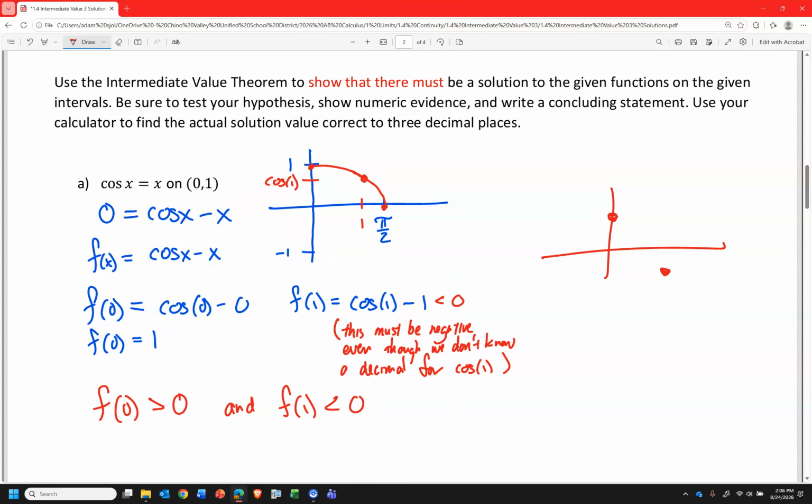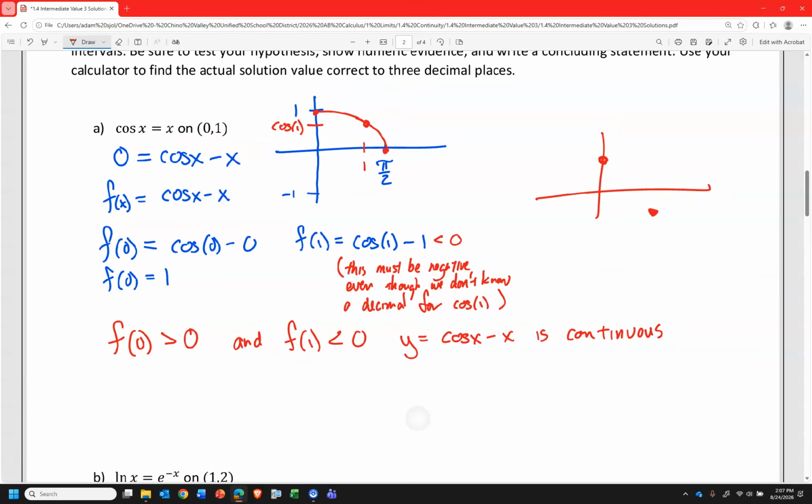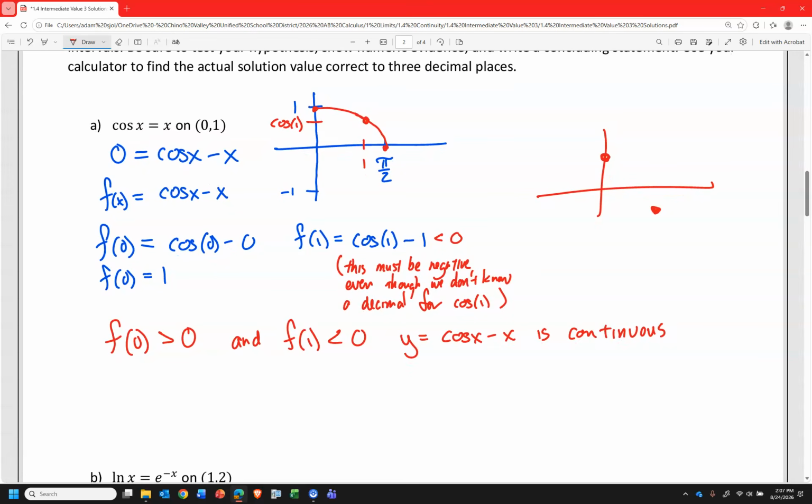Again, that's kind of a hard question. Is y equals cosine of x minus x continuous? It is. And the reason being is cosine is a continuous function, x is a continuous function, and subtraction is continuous, or subtraction doesn't create problems the way division does. So I'll say, cosine of x minus x is continuous on the closed interval 0 to 1.